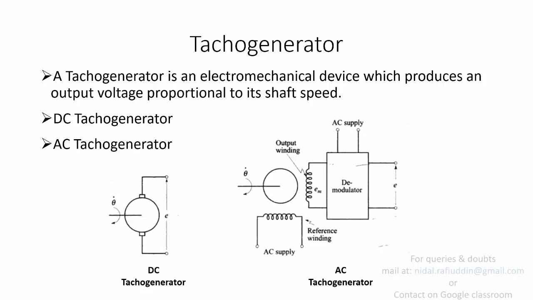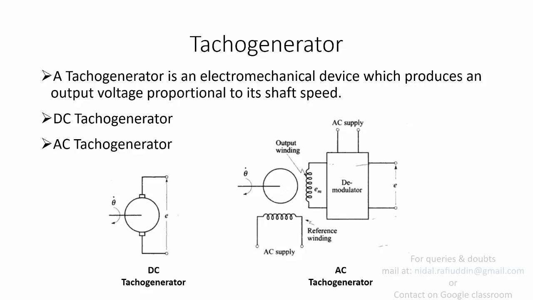So tacho generator is an electromechanical device which produces an output voltage proportional to its shaft speed. In fact they are also termed as tachometer. You might have seen this where you may have tested or recorded speed in electrical machine lab, or in places where motors are being used, or where you require to measure the speed of, let's say, a turbine or any shaft connected to a rotating device.